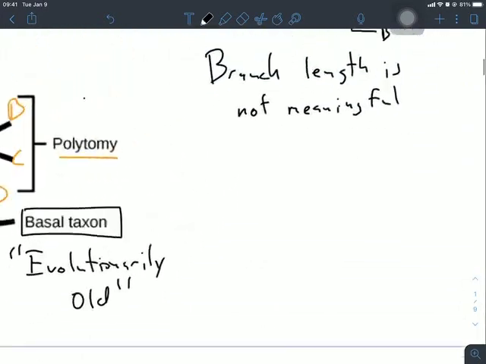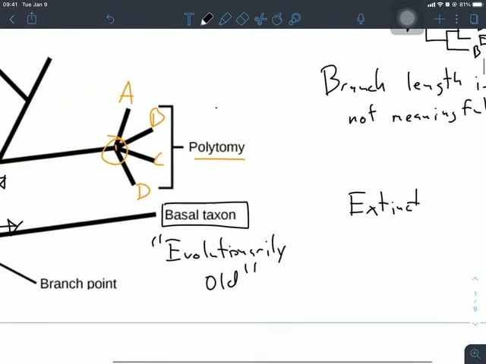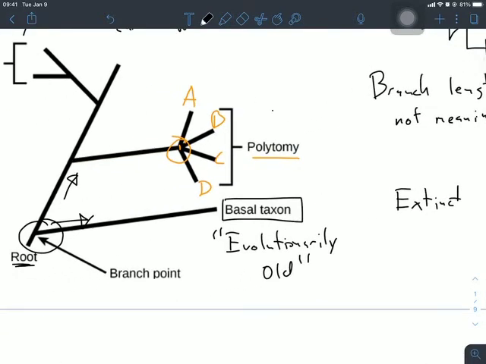There's another bit of terminology that I want to cover, because not all of the species that we study today are alive today. Some of them are extinct. And we can use these fossils, these once living, once abundant species, in order to help guide our relationships in the branch points of our living plants today.